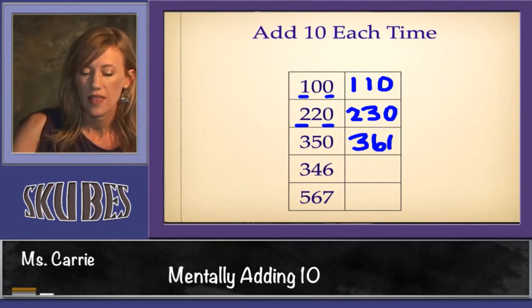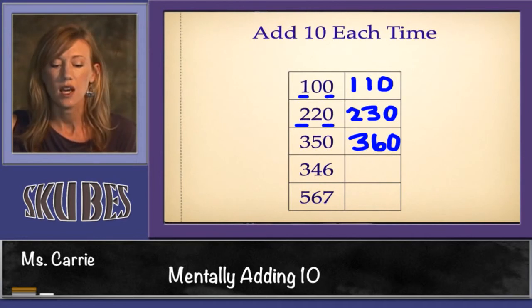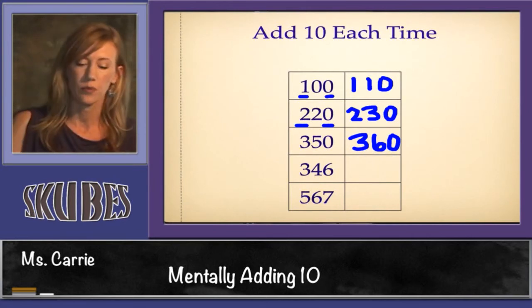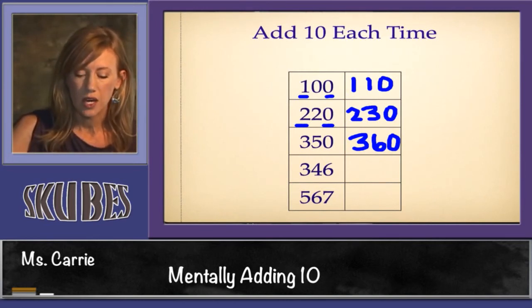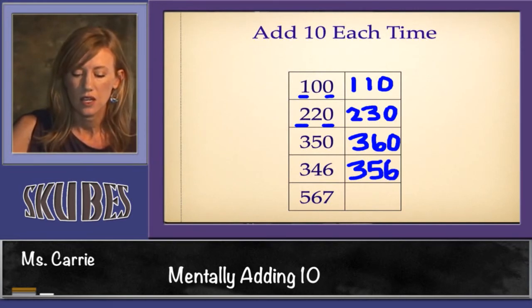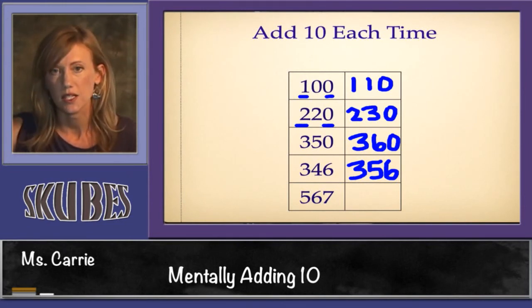350 becomes 360. That 5 in the tens place goes to a 6 in the tens place. The hundreds place stays the same, and the ones place stays the same. And the number 346 becomes 356. That hundreds place stayed the same, the ones place stayed the same, but the tens digit went up one.